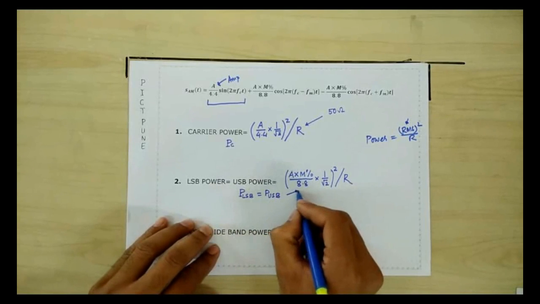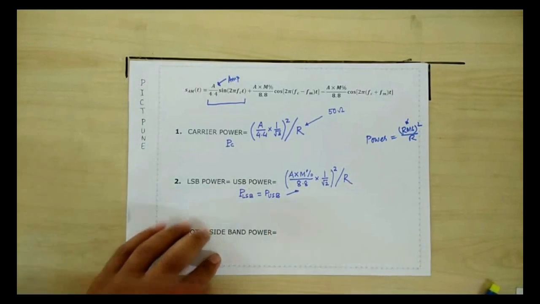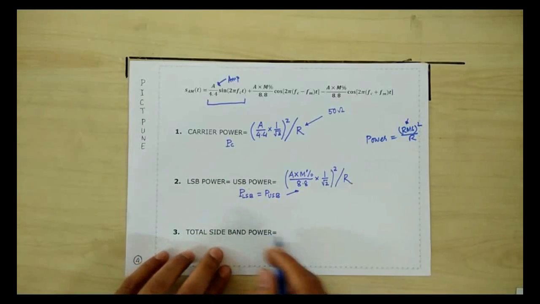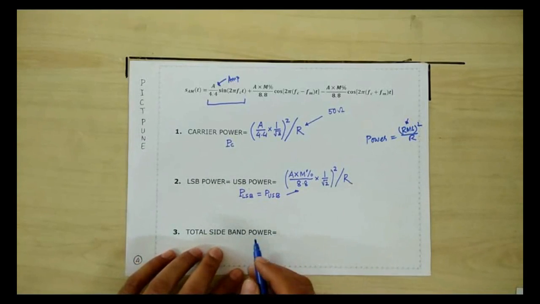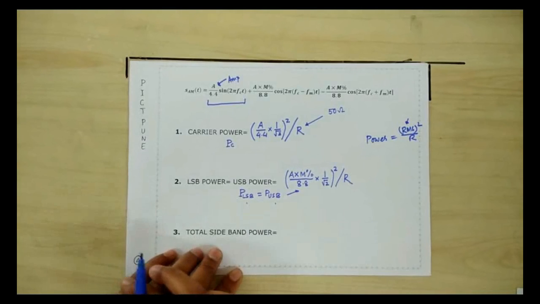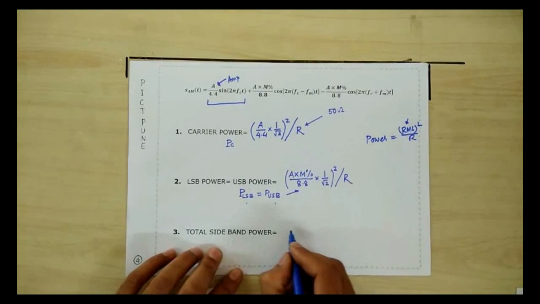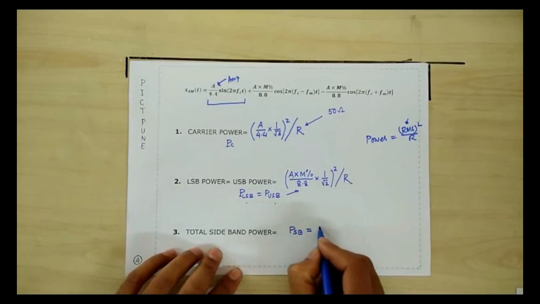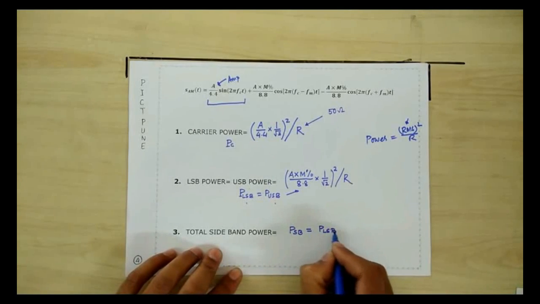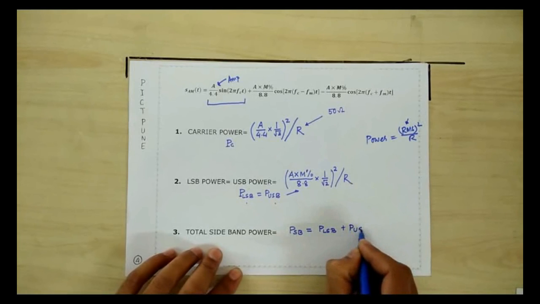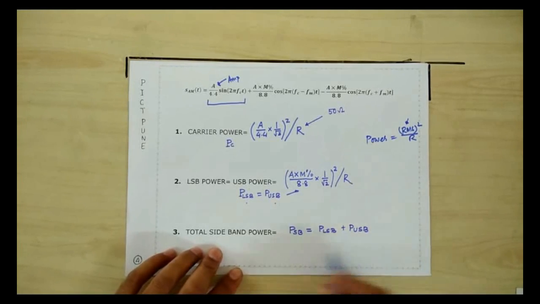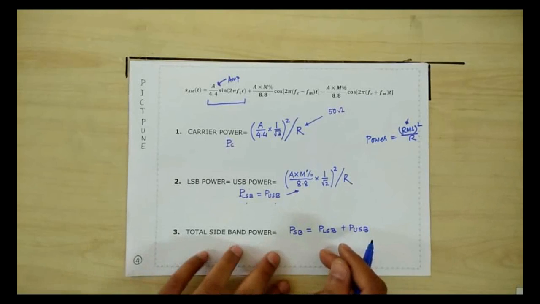So if you see the total sideband power, we are going to add these two components. So the total sideband power, let's denote it by PSB, which is equal to PLSB plus PUSB. So this is the total sideband power.